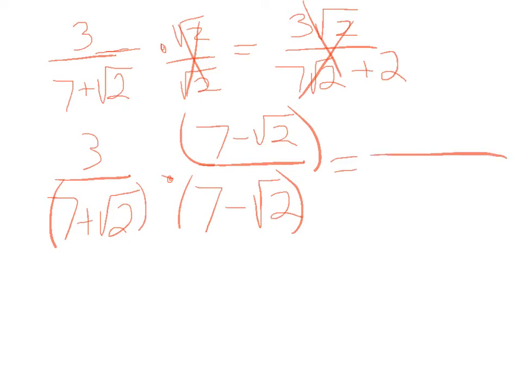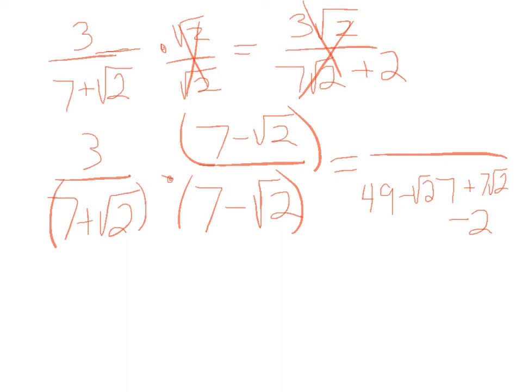What's 7 times 7? It's 49. And then negative square root 2 times 7 plus 7 times square root 2 minus 2.